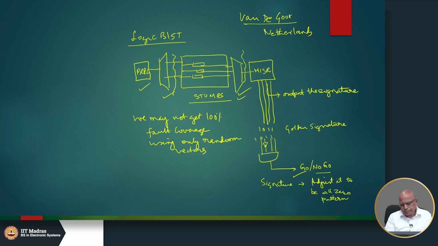Okay. So, that is a problem. Some faults you will not be able to test with only random. So, you will need, let us say we get about 80% coverage with random patterns.